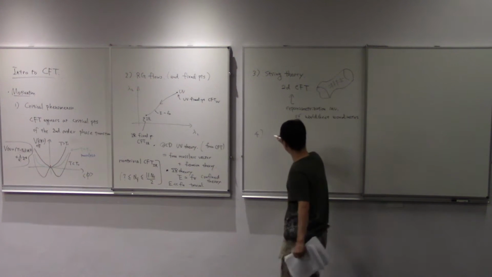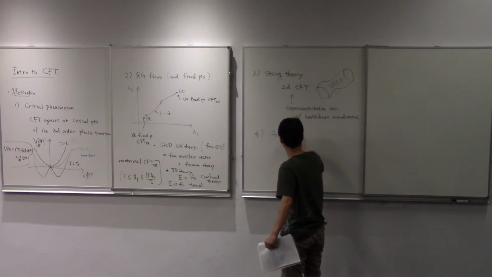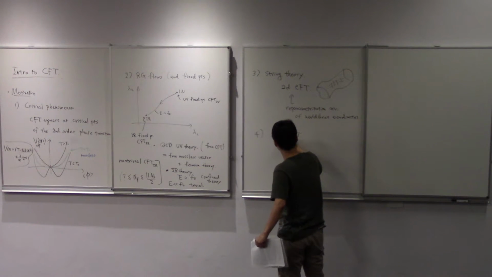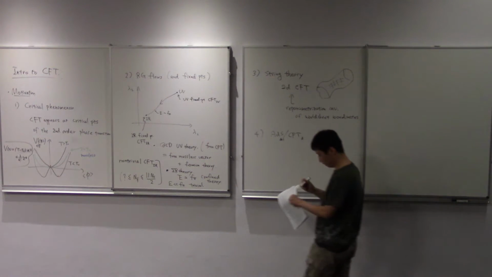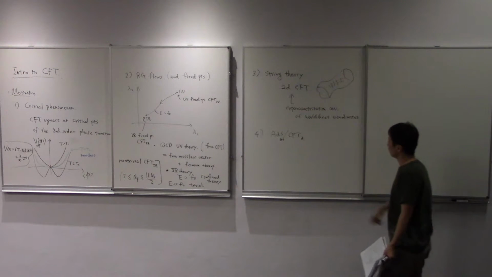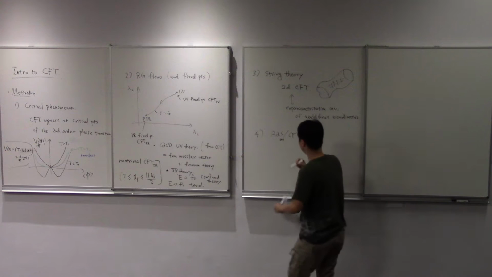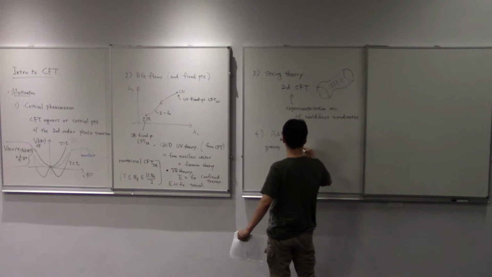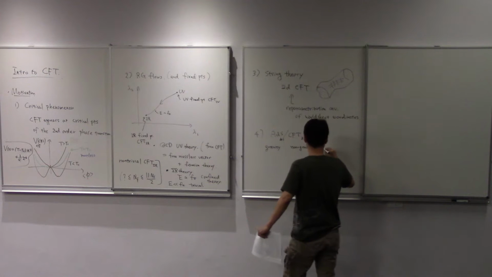And then AdS/CFT: AdS_{d+1} and CFT_d. Maybe some of you might be working on it. It's a duality between gravity and non-gravity, and typically the non-gravitational side is a gauge theory.